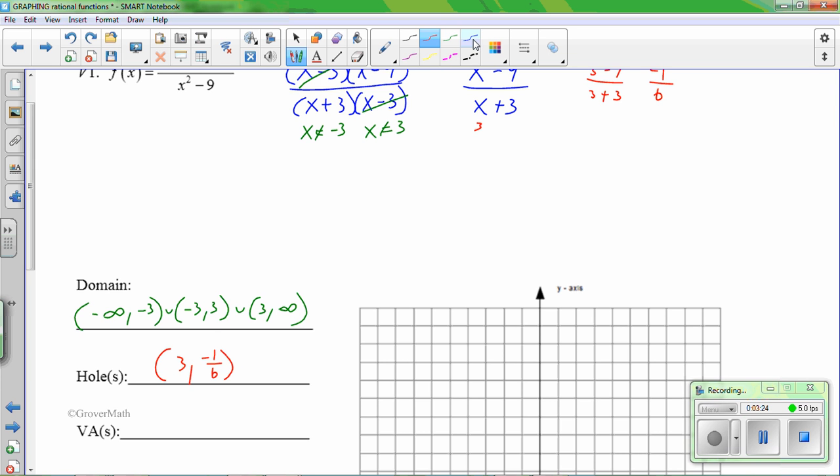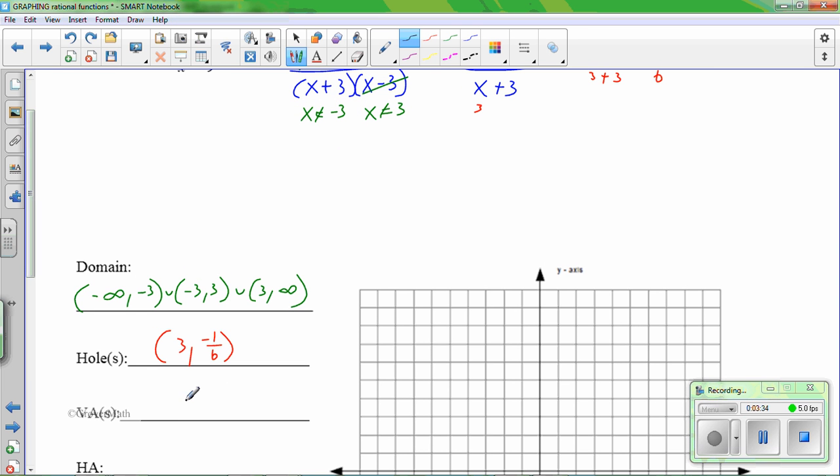We also had a term that did not cross out. The x plus 3 did not cross out. That's still a variable expression in the denominator. And so we have a vertical asymptote at x equals negative 3. You get that by setting x plus 3 equal to 0 and solving. We were writing it as x cannot equal that for a while, and that's true, that's why it's a restriction on the domain.